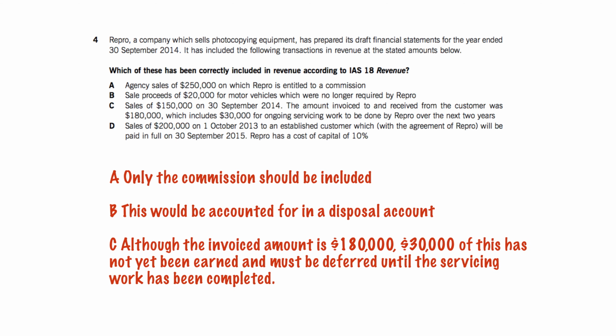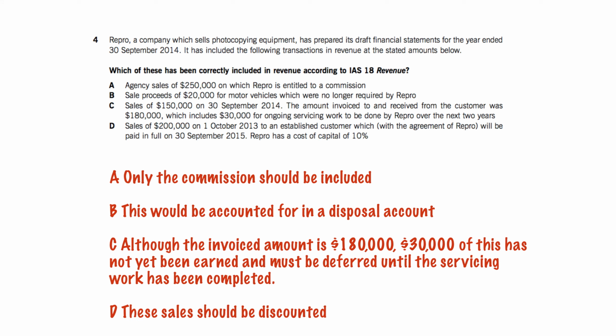Now, that, although the invoiced amount is 180, 30,000 has not yet been earned and is deferred until the servicing work has been completed. So they've recognised the 150 correctly. The 30 will then be recognised over the next 2 years. So that looks correct. Let's just check D.